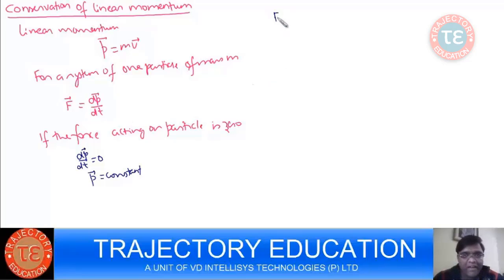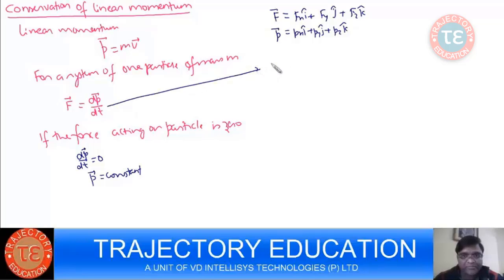Suppose I write F as Fx i, Fy j and Fz k, and P as Px i, Py j and Pz k. Then this will reduce to dpx by dt as Fx, dpy by dt as Fy, and dpz by dt as Fz.